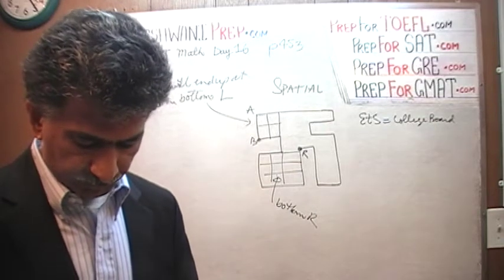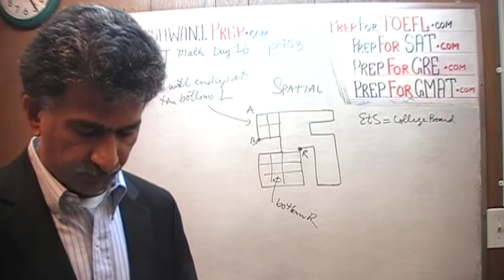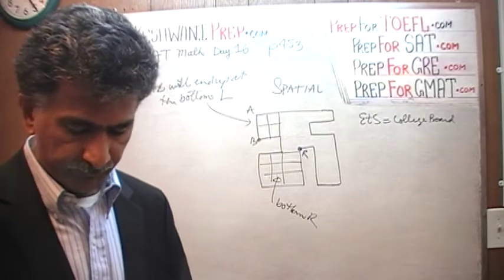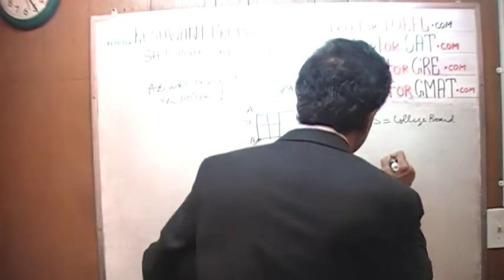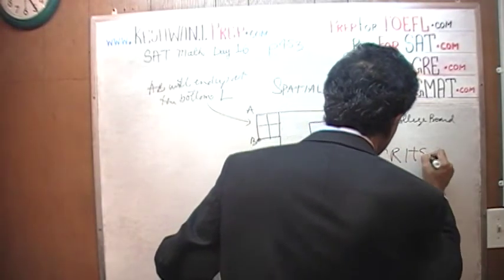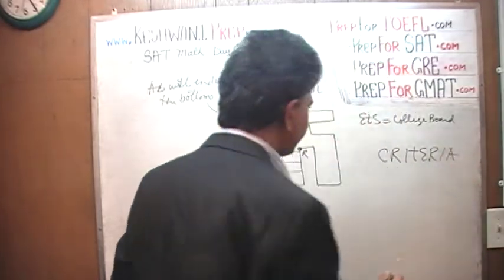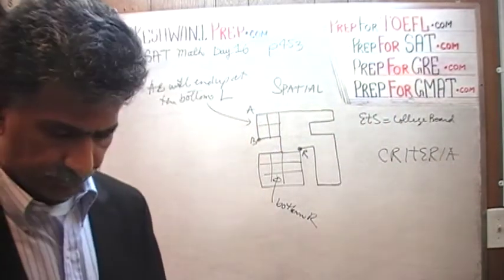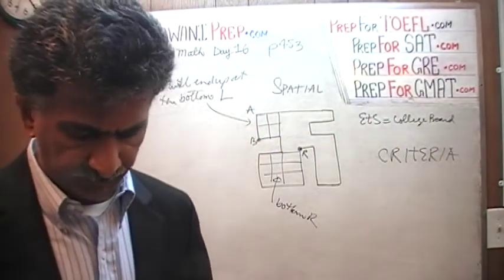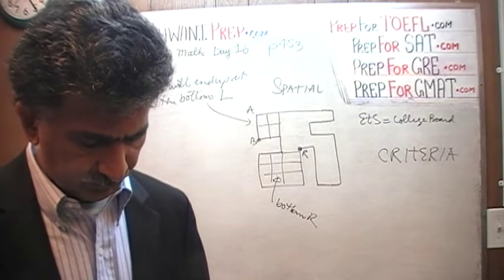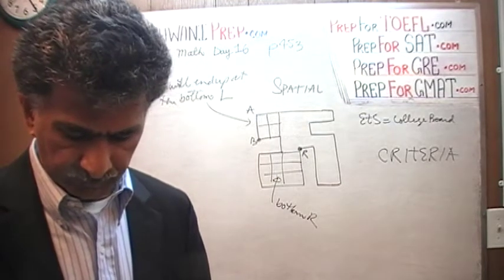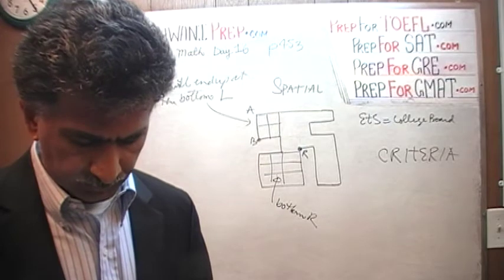We have not covered this particular word, so I'm going to have to remember to do it in the future. The word is criteria. Just be patient. You have to have faith in somebody who's going to teach you that that person knows what they're talking about, otherwise it's no good.